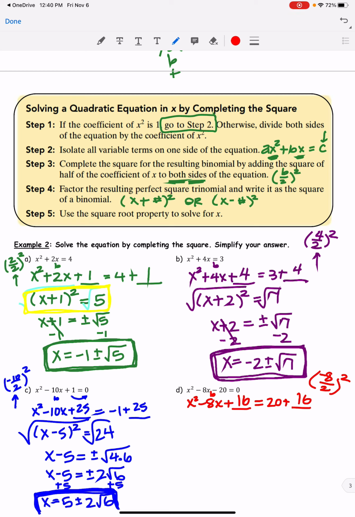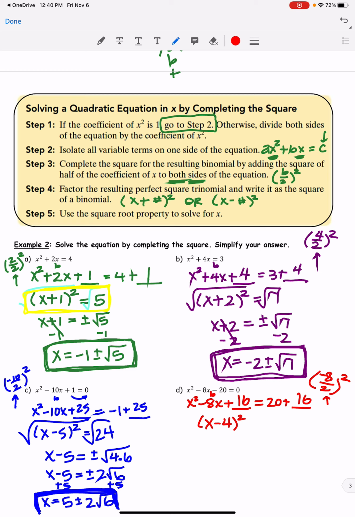So now factor the left, simplify the right. So what multiplies to a positive 16, but adds up to a negative 8, and that is negative 4, negative 4. And again, that's what's in here in parentheses.